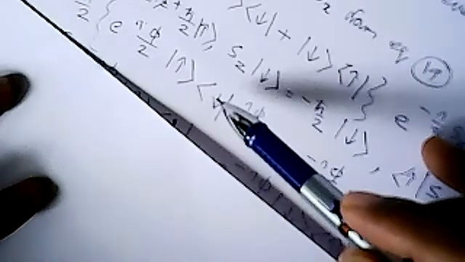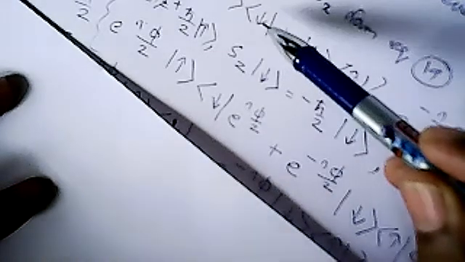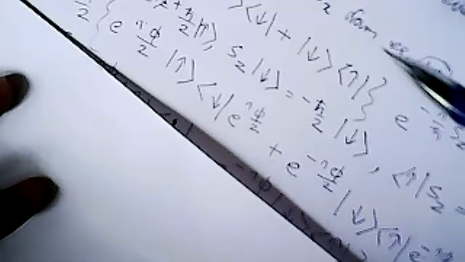Okay. Now from this side, e to the power of minus i Sz phi by h cross will act on this bra spin down. So you get minus h cross by 2. So minus minus will cancel, h cross will cancel.